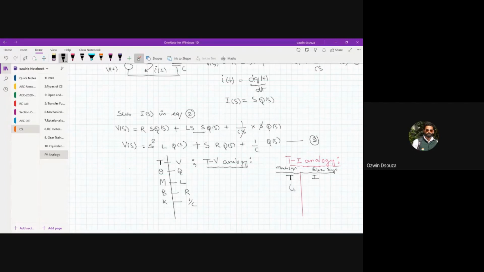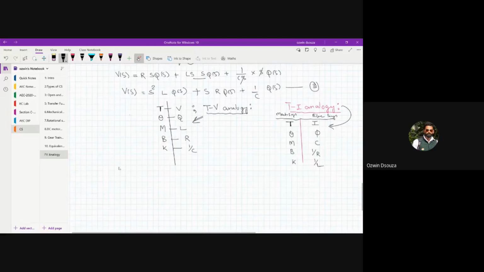And against theta, you will have flux. Against mass, you will have capacitance. Against friction, you will have reciprocal of resistance. And against expansion coefficient, you will have reciprocal of inductance. Okay, so this is the TV analogy table, and this is the TI analogy table. Okay, so in today's class, what we discussed is the analogous systems.